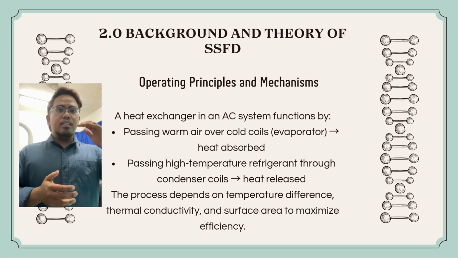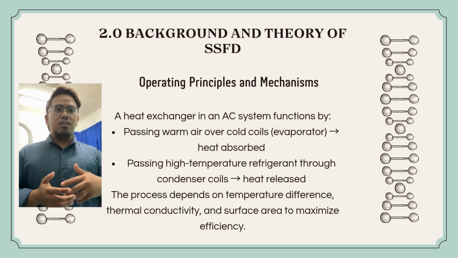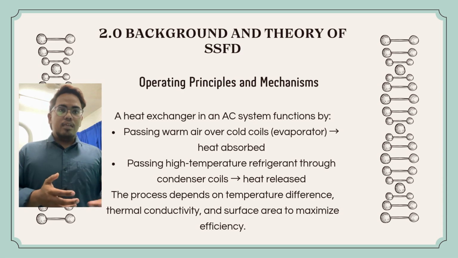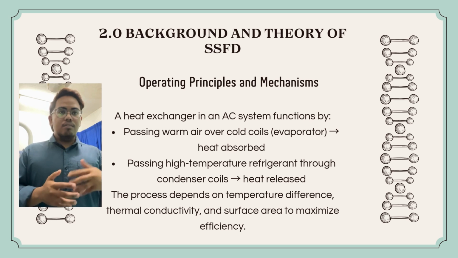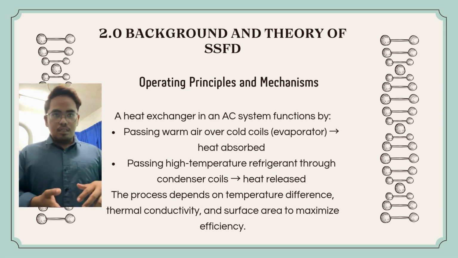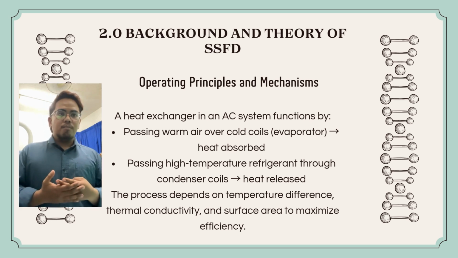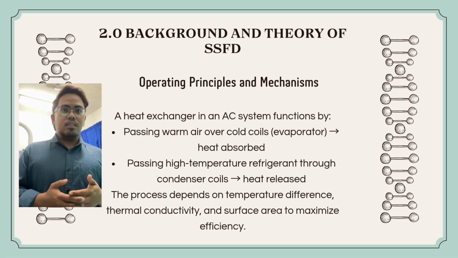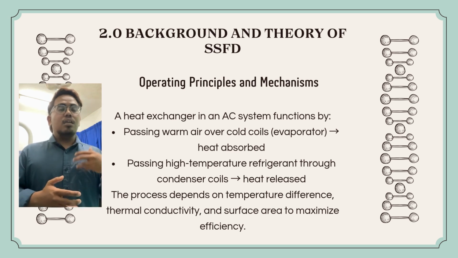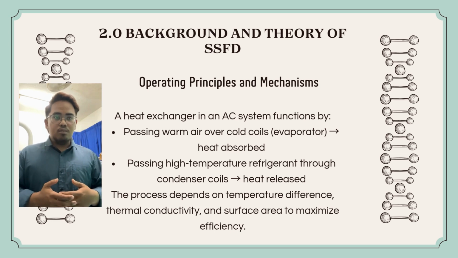Then, this high temperature refrigerant is sent to the condenser coils where it releases heat to the outside. The effectiveness of this process relies on three main factors: the temperature difference between surfaces, the thermal conductivity of the materials, and the surface area of the coils. Maximizing these factors ensures higher efficiency in heat transfer.